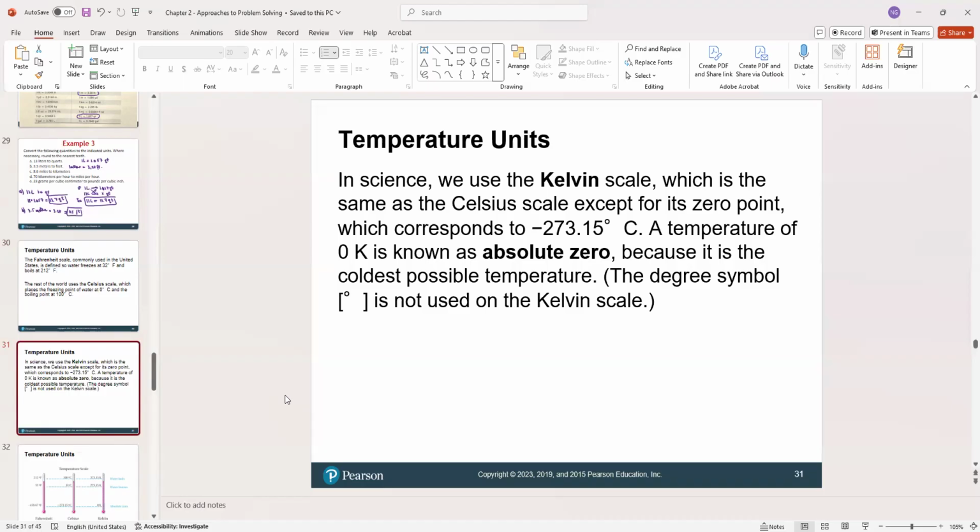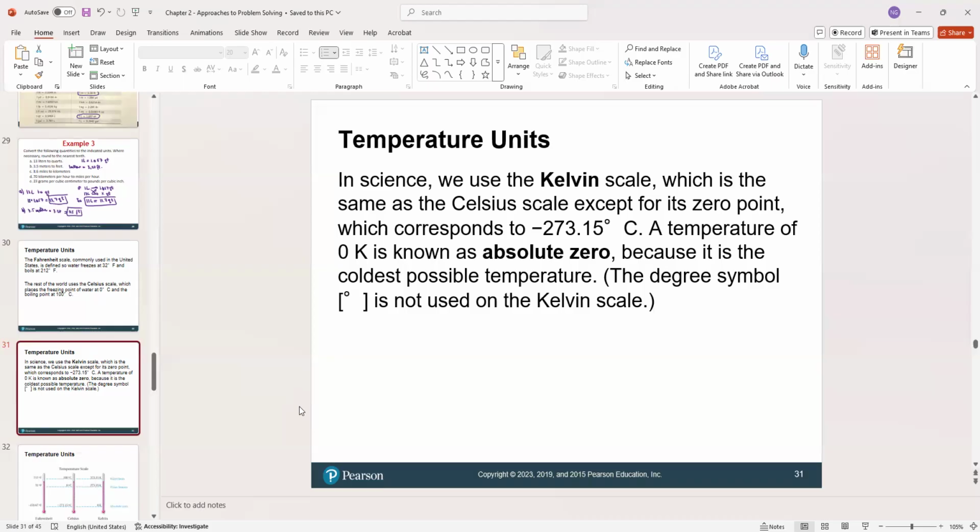That temperature of 0 Kelvin is known as absolute zero because it is the coldest possible temperature. So remember, we don't use the degree symbol for Kelvin. We just say Kelvin, right?